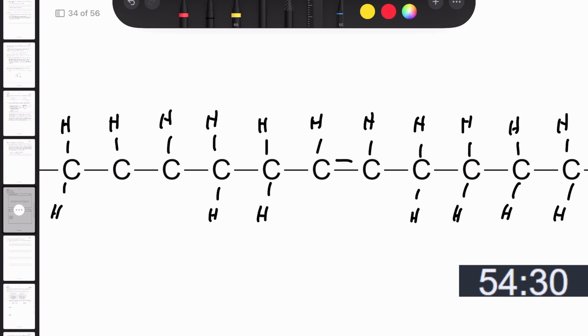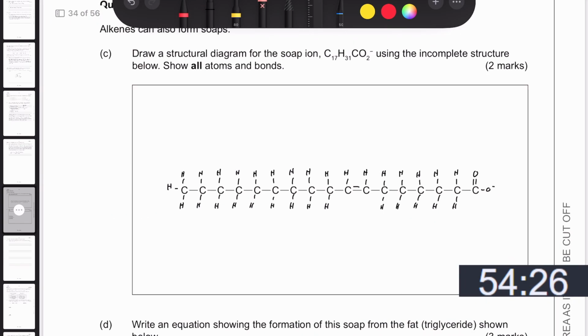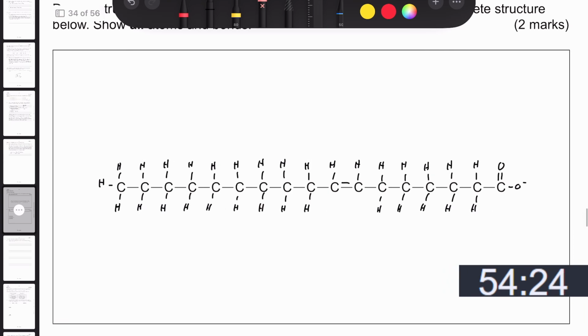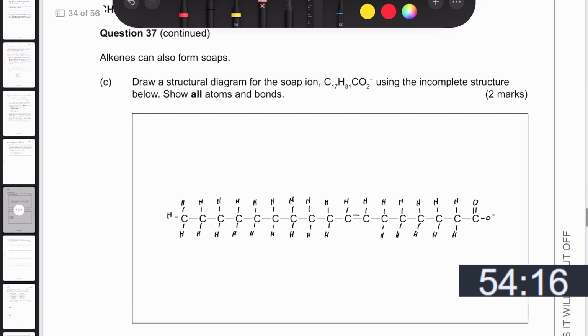One only needs to be one alkene. 30, 31. And now there's 16 times 2 minus 2 plus 1, 31. Yep. And you just put the alkene anywhere.